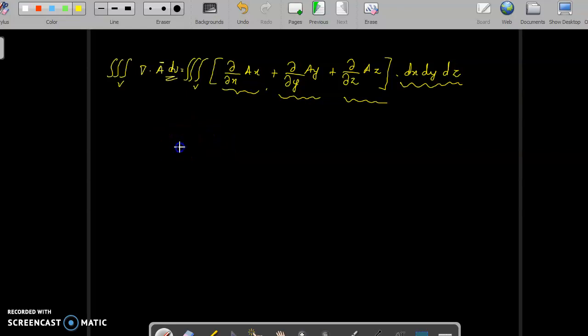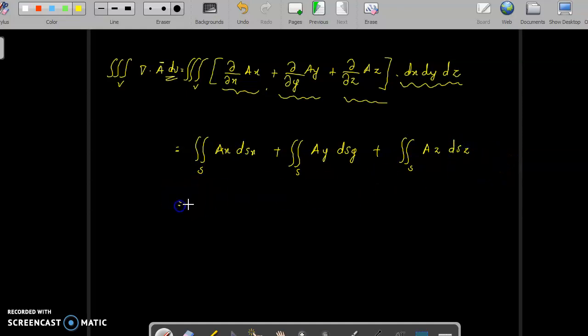So this is equal to the surface integral of the Ax term and dsx, the surface integral of the Ay term dsy, and the surface integral of the Az term dsz.